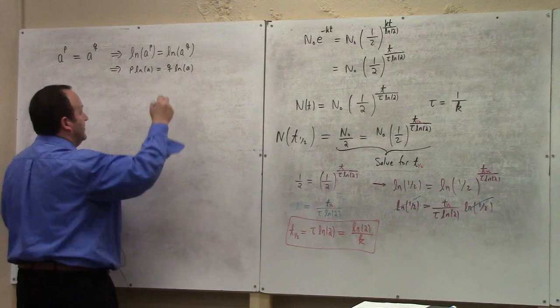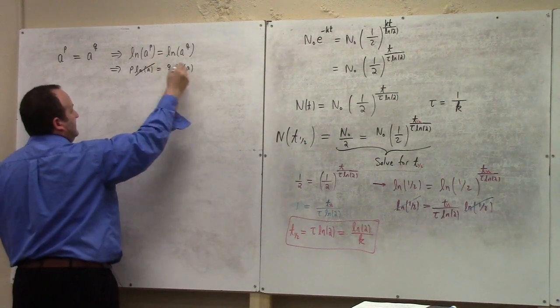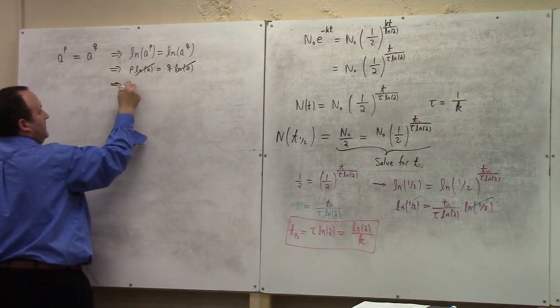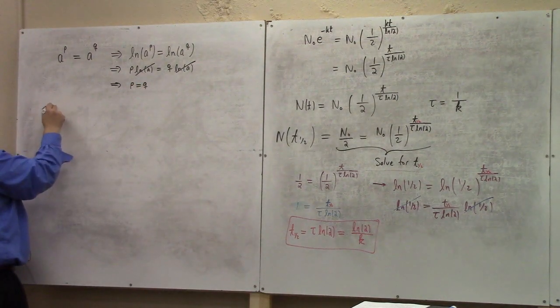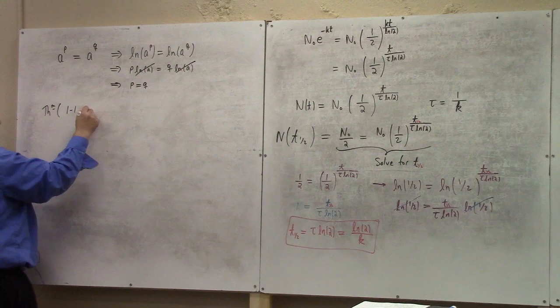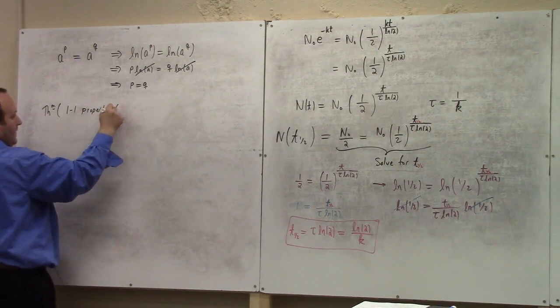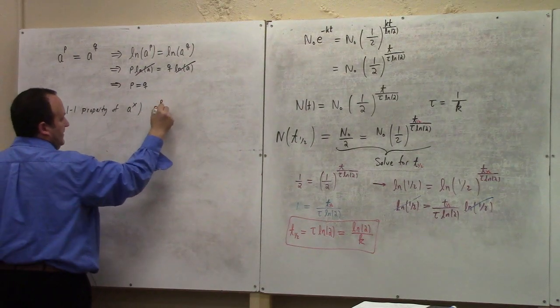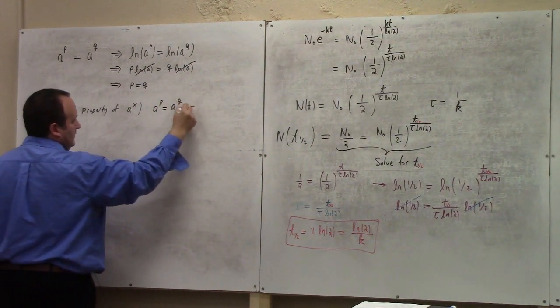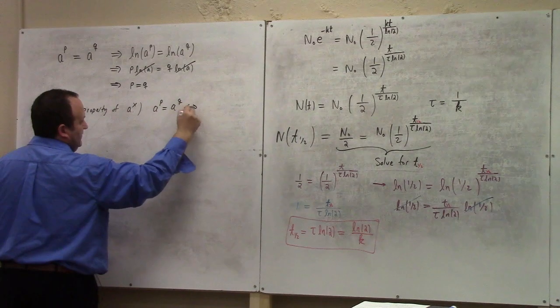You notice the log a's cancel, and we just get p equals q. So this is a theorem, usually called the one-to-one property of a to the x: a to the p equals a to the q if and only if p equals q.